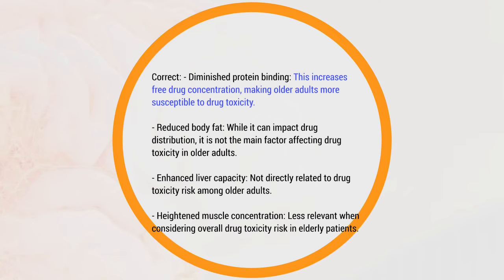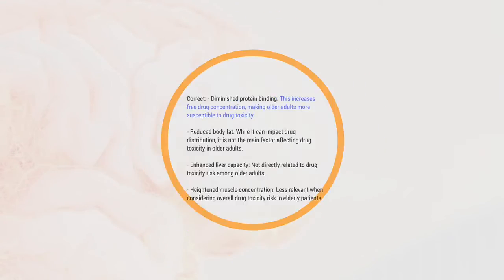Reduced body fat, while it can impact distribution, is not the main factor affecting drug toxicity in older adults. Enhanced liver capacity doesn't apply. And heightened muscle concentration definitely doesn't apply to most of the elderly population. So it's less relevant when considering overall drug toxicity risks in elderly patients.